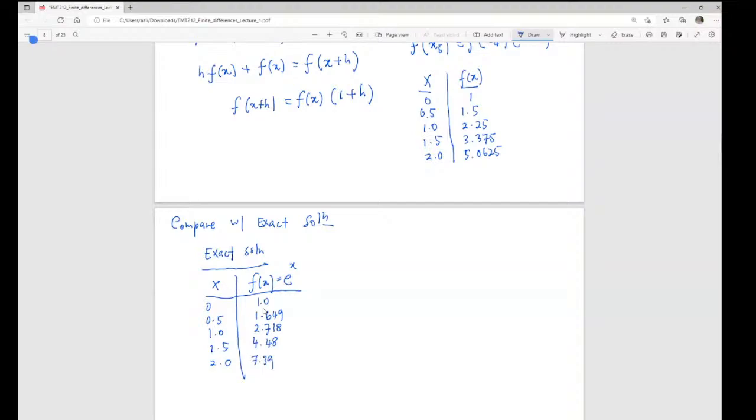Okay, these are our exact solutions, and these are our finite difference approximations. So what do you think about finite difference? It deviates quite a lot from the exact solutions, right?